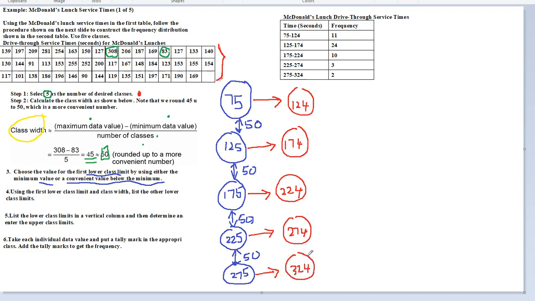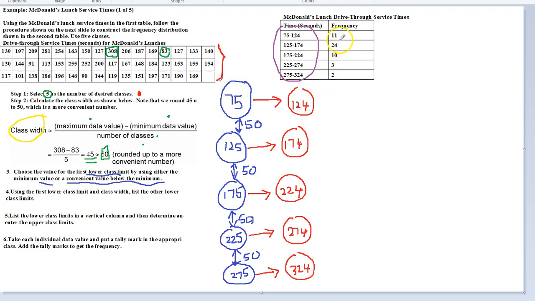Okay, so we have 5 classes here, and we know the lower limits and upper limits, and that's what you see over here. That's how we came up with this frequency table. Now, once you have these 5 classes, you have to count how many elements within the data set belong between, in this case, 75 seconds and 124 seconds.